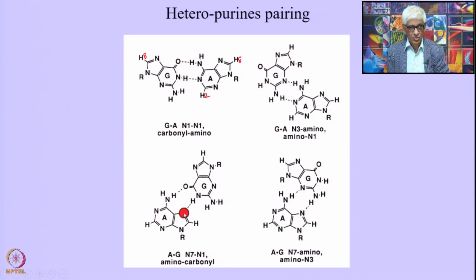N1 to N7, A-G, N7 N1. This is A, this is N7, this is N1, and A-G N7 amino N3. And look at these possibilities, because there are so many hydrogen bond acceptors and donors in the base structure. All these acceptors and donors can accept a hydrogen bond and give a proton, and that is why you have so many different kinds of possibilities of hydrogen bonds.